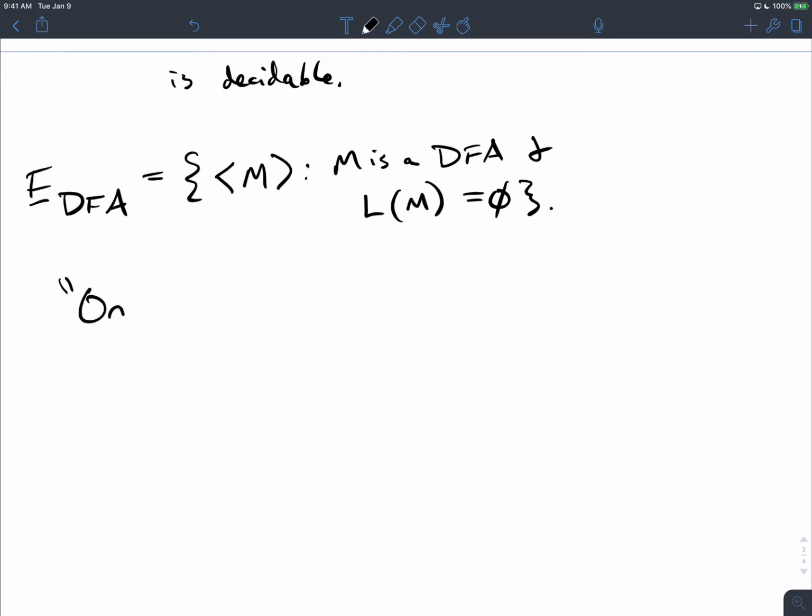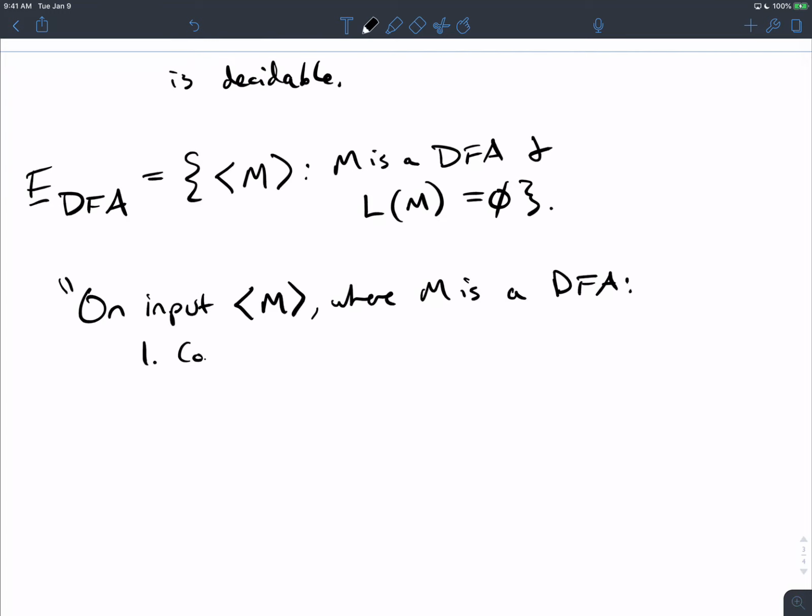So for this problem, if we're going to make a graph from this, first off, we have to take a DFA as input. So on input M, where M is a DFA, let's actually make a graph, or a directed graph, I should say.